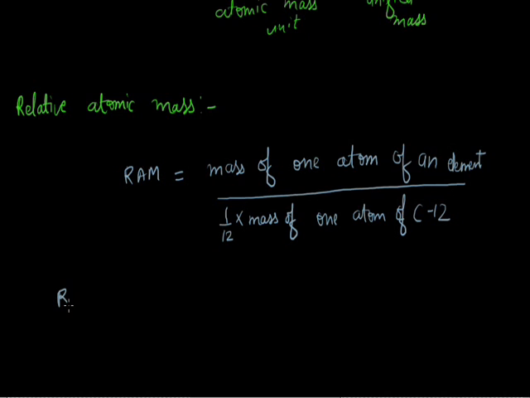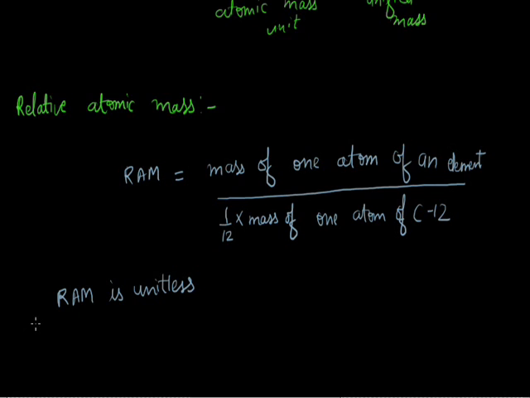The formula indicates that relative atomic mass is unitless because the unit of mass is gram, and it will cancel out.